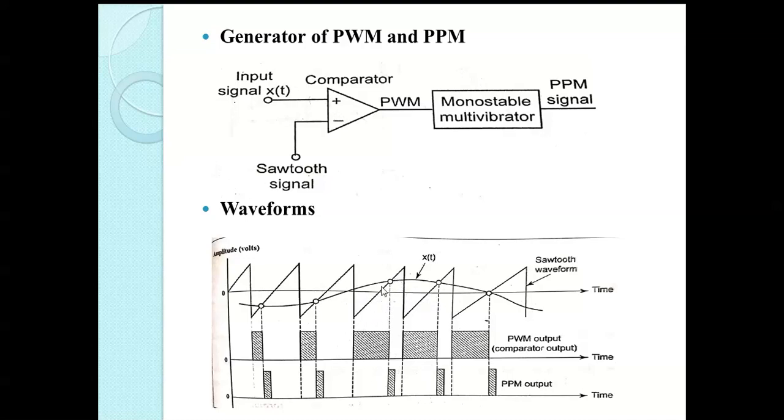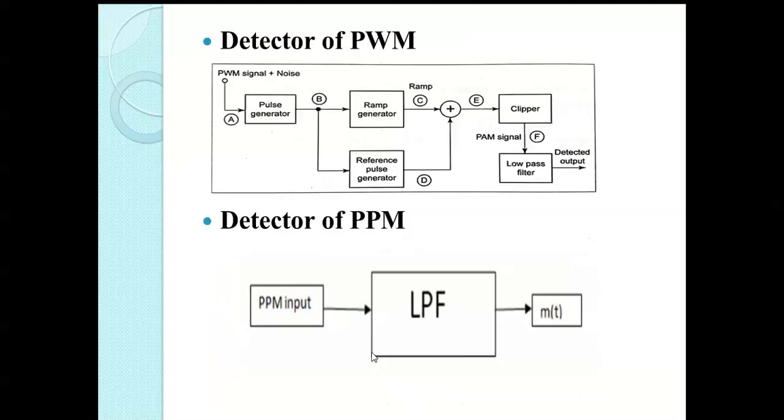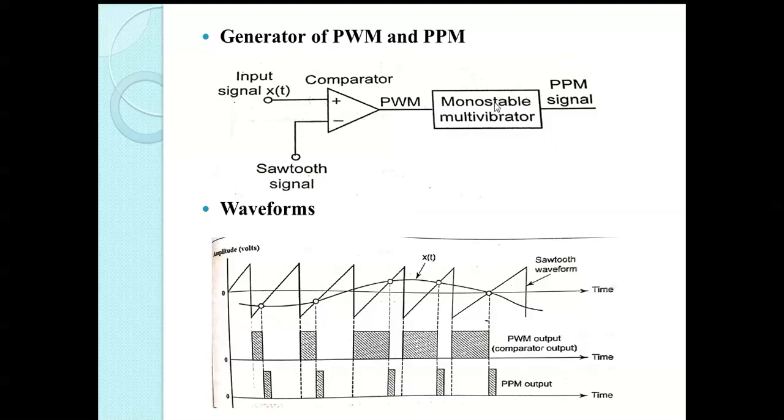As the pulse changes from positive to negative, the train of pulses is obtained. Here it is small, and here this is the width, and here this is the width. This is the pulse width output. This output is sent to the monostable multivibrator, where it acts as a triggering point.